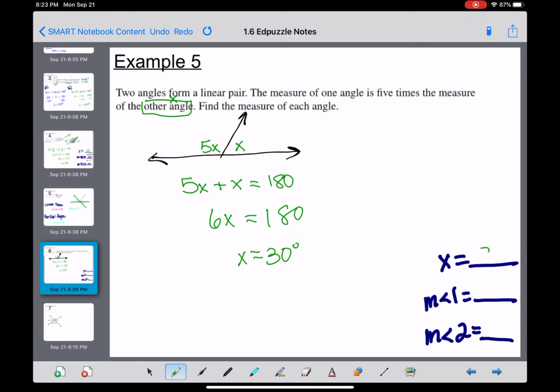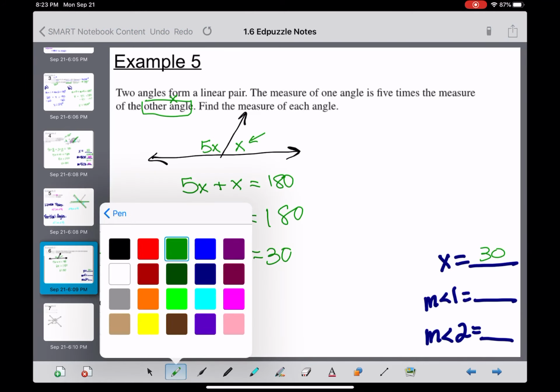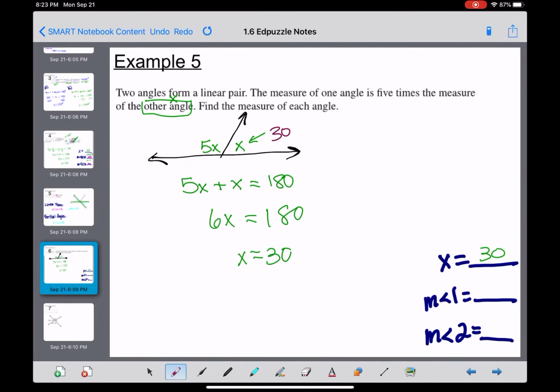When I plug it in for the measure of angle 1, that is just x, so that is 30 degrees. The measure of angle 2 is 5 times 30, which is 150 degrees. I can self-check. 30 plus 150 is 180.